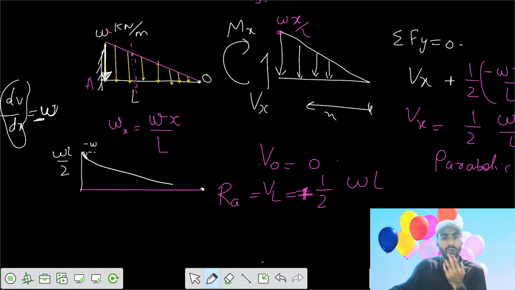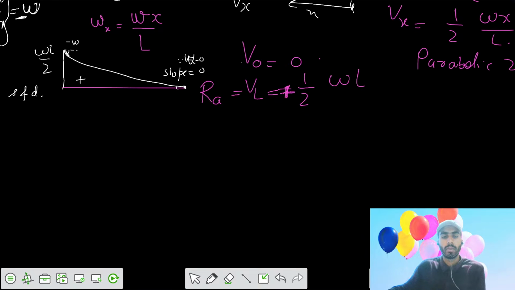Here the slope has to be 0, because the loading intensity is 0. So this is your shear force diagram, positive.